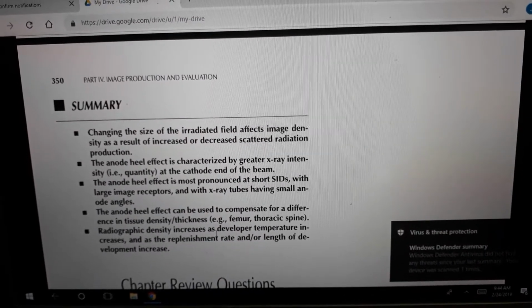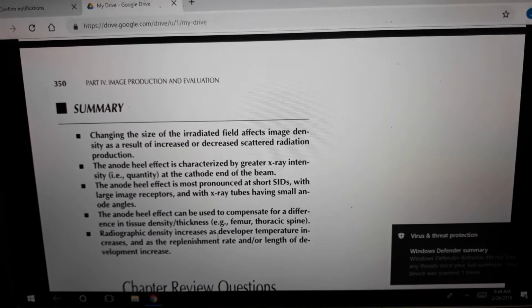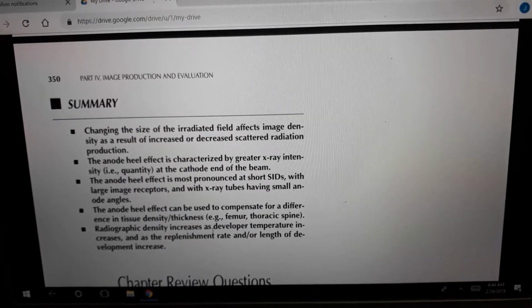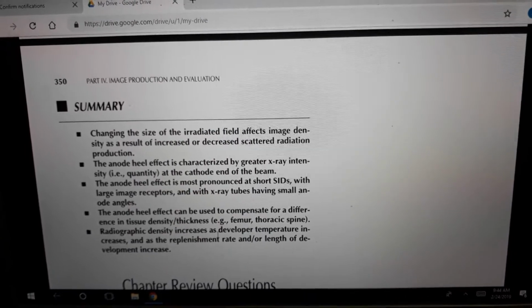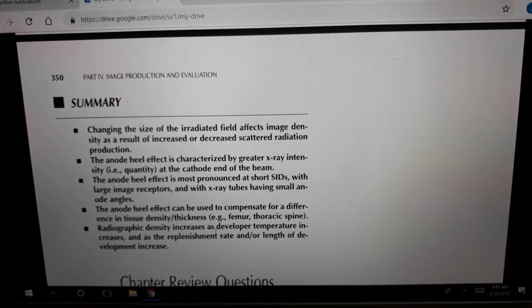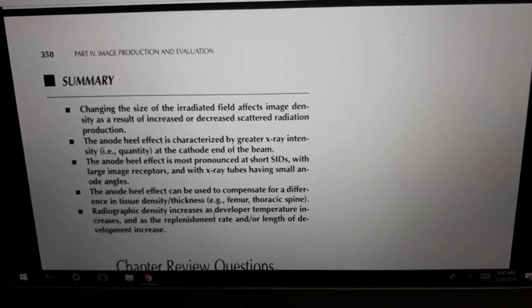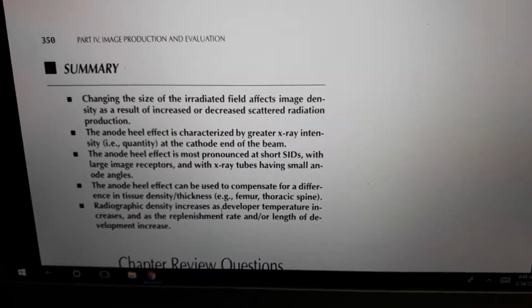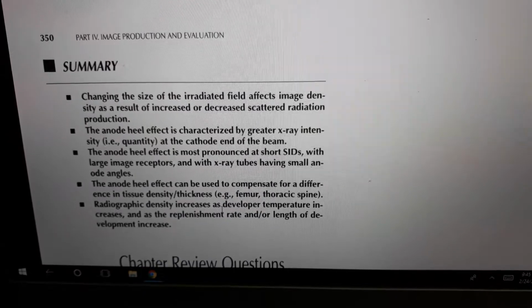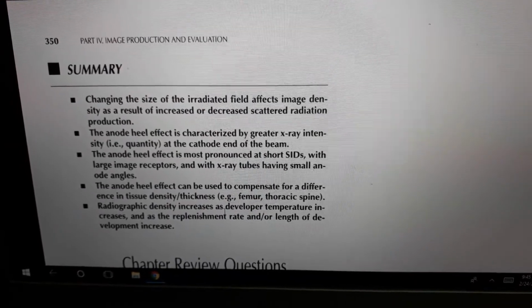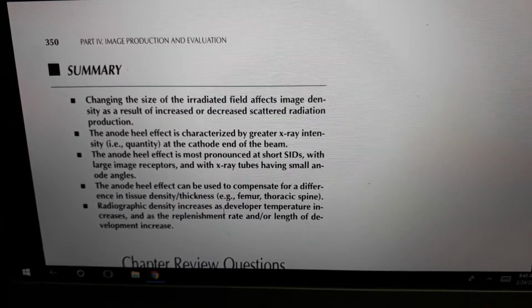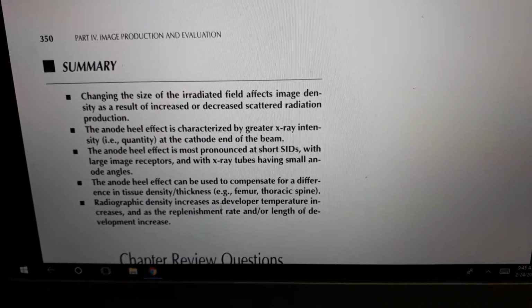The anode heel effect is more pronounced at short SID, with a large image receptor, and with an X-ray tube having a small anode angle. The anode heel effect can be used to compensate for the difference in tissue density and thickness, for example the femur and thoracic spine.